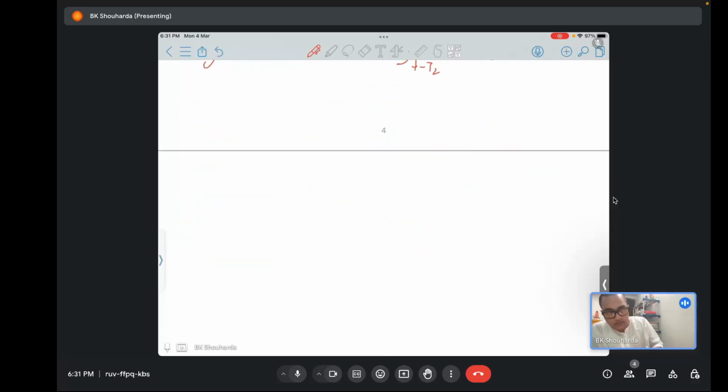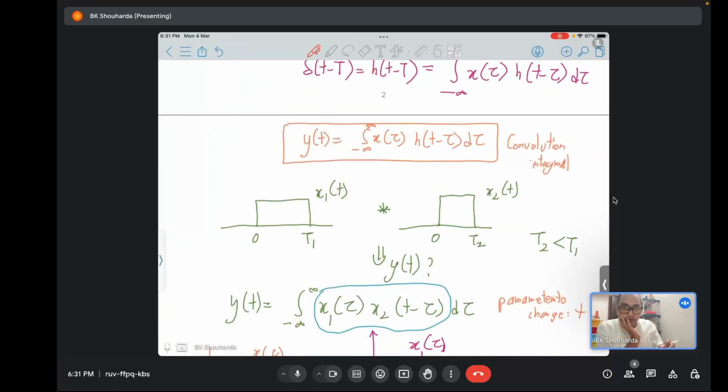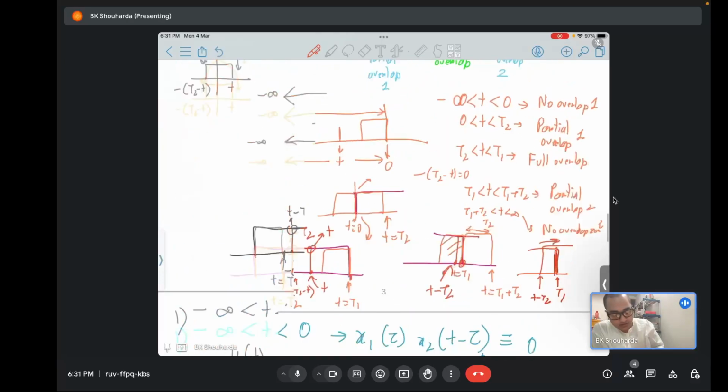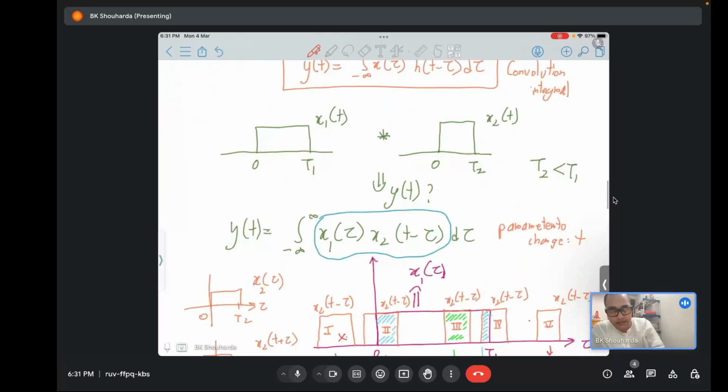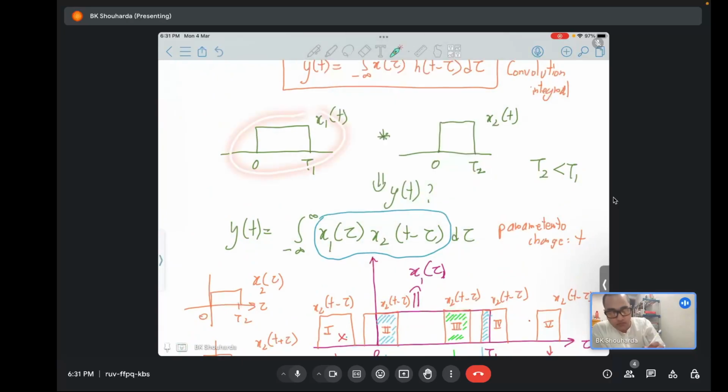So finally what we have done is a true convolution. I have shown you how to convolve two rectangular pulses of different widths. Now let's look at the result and what is actually happening over there. I am fixing one pulse, and fixing means I keep this x1 of tau constant because I want to evaluate y at every small t.